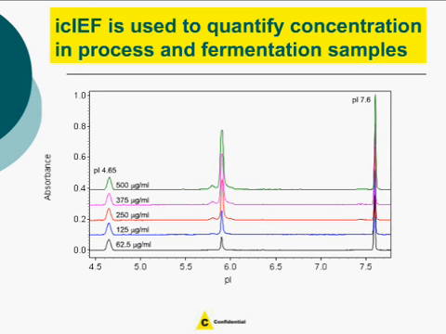And so the first thing we evaluated was standard curve range and looked at reproducibility of the standards. And you can see this figure here again shows the electropherograms of 5 concentration standards prepared using our bulk purified product. And from this data set, we were able to estimate LOD and LOQ and also assess linearity.